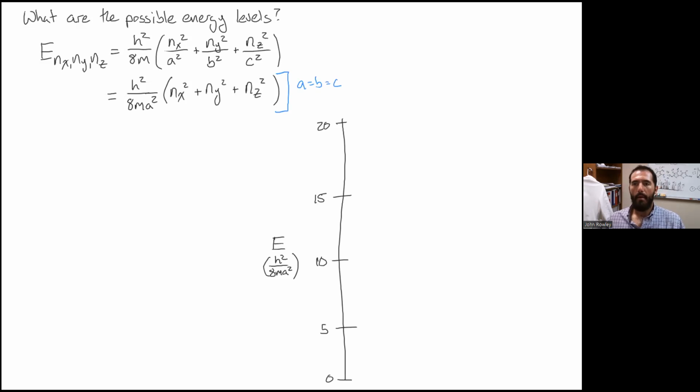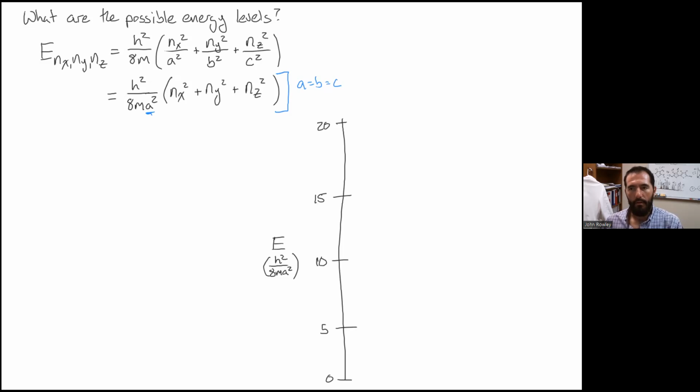Notice I've combined a, b, and c together as a squared in the denominator if it's a perfect cube. So we're going to use that for this example calculation, where a, b, and c are equal to each other. If a, b, and c are not equal to each other, you have to use the expression here that accounts for those different dimensions.